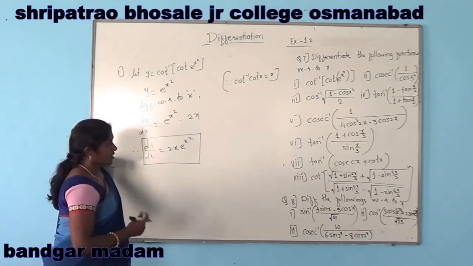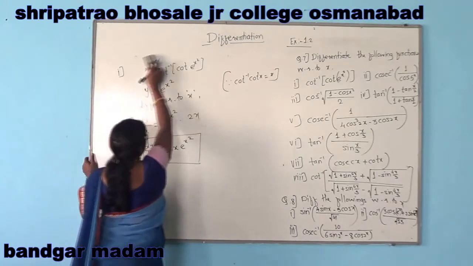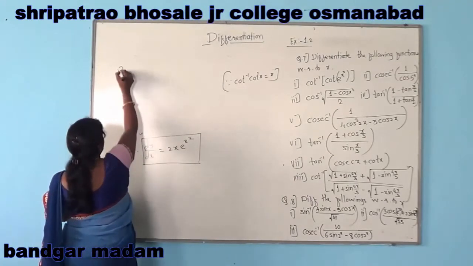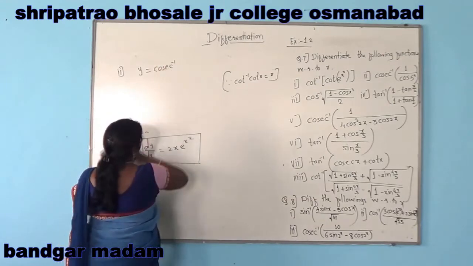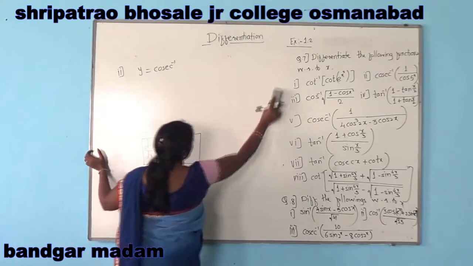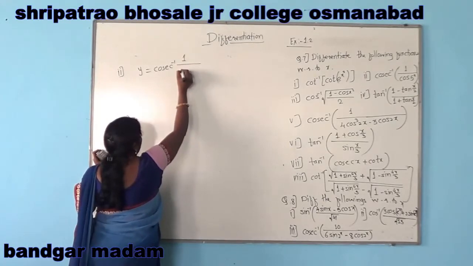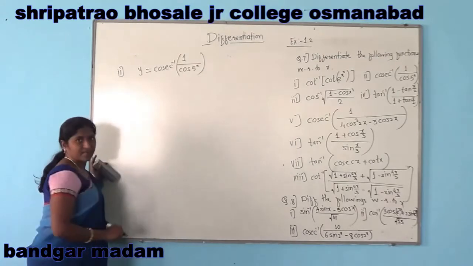Now, the second example we are going to solve is y is equal to cosec inverse of 1 upon cos 5 raised to x.